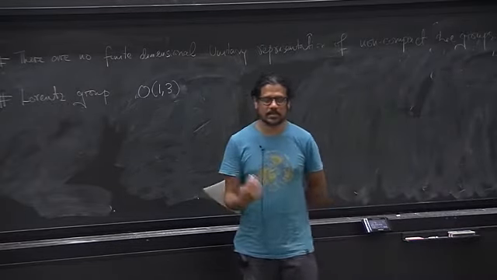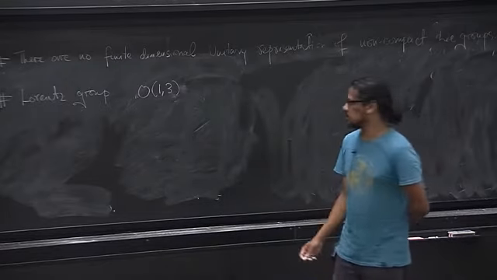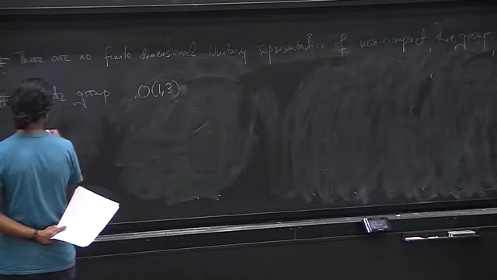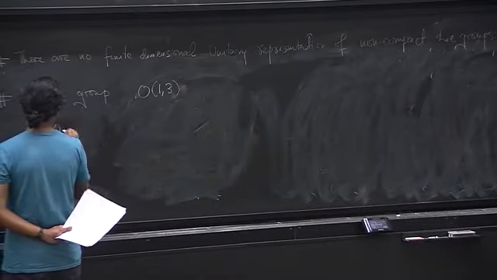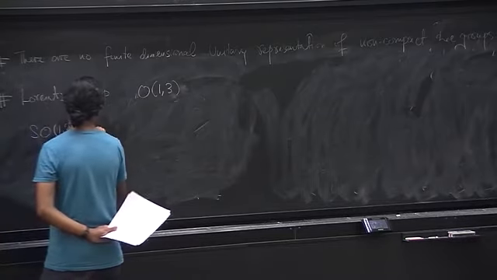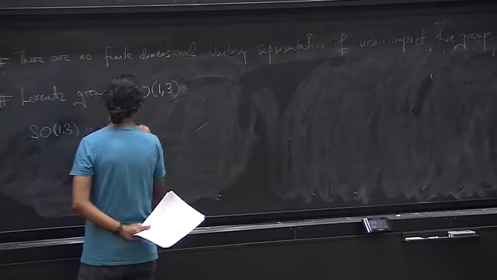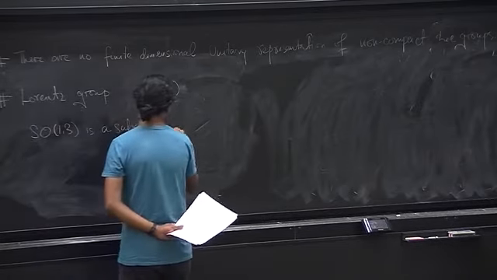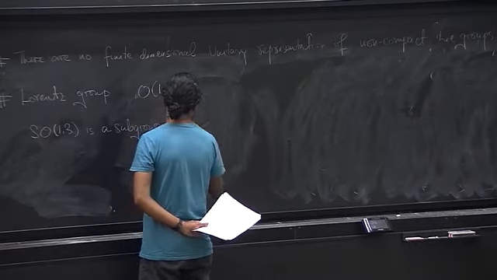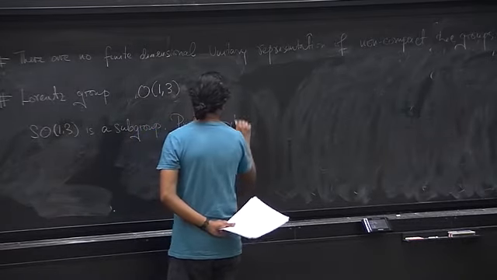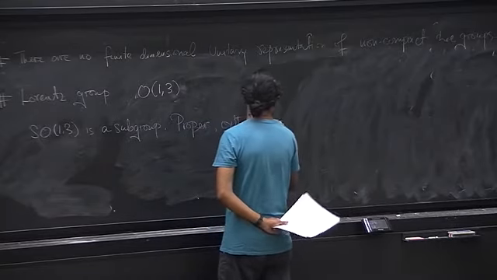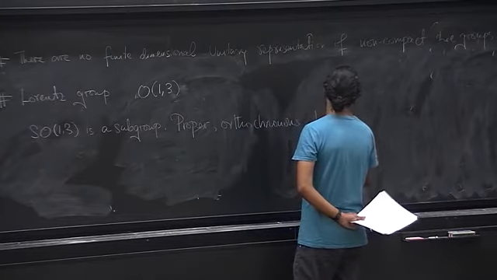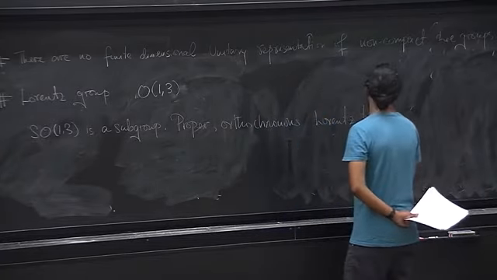The subgroup that is continuously connected to the identity is SO(1,3), and I think it's called proper orthochronous Lorentz transformations.